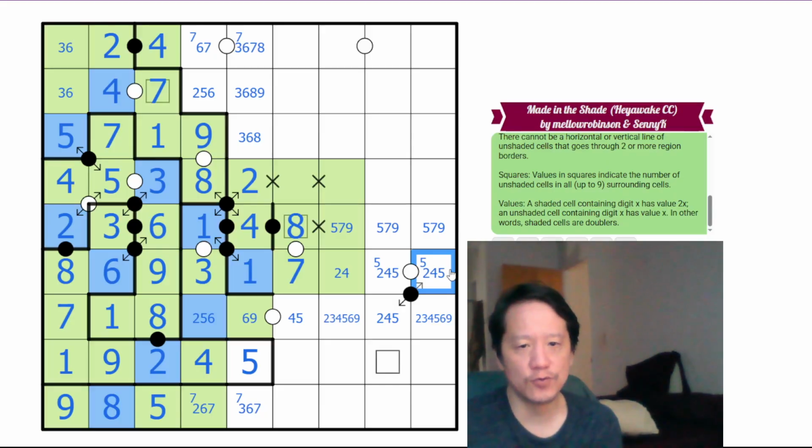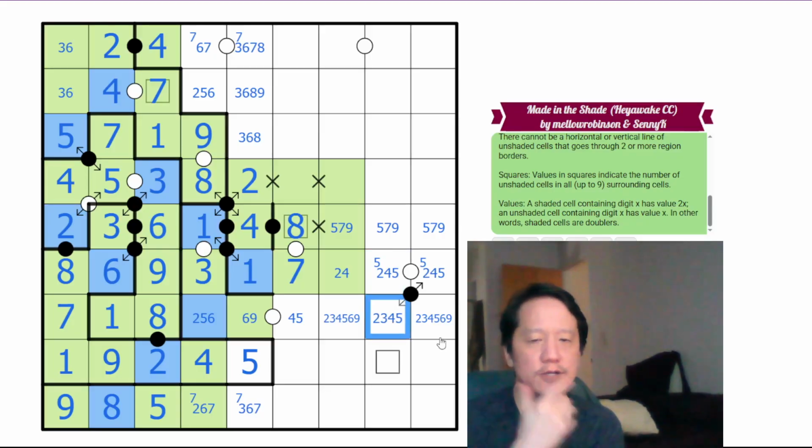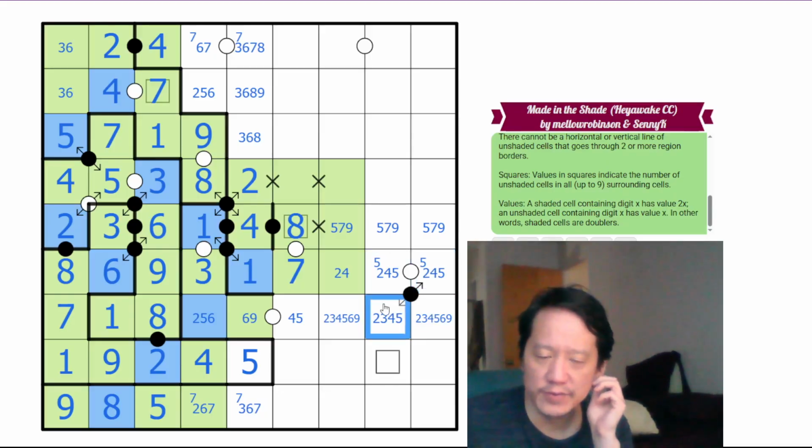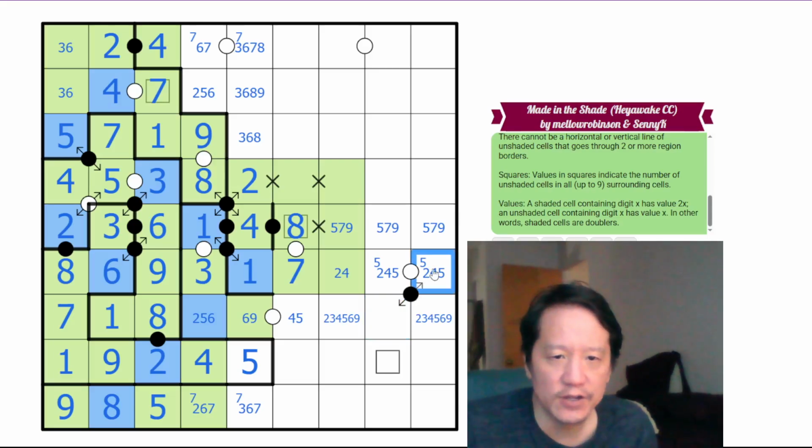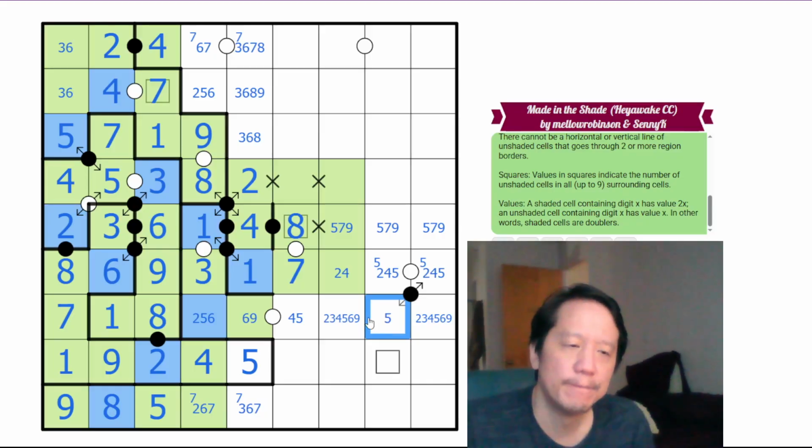Even if it's 4, then it can only be next to 5 or 3. That could be 3. If it's 5 in value, this has to be specifically. Oh wait, this is a 1-to-2 ratio. I don't know what I'm thinking. Okay, this is 4 or 5 in value. If it's 5 in value, this must be 5 doubled.